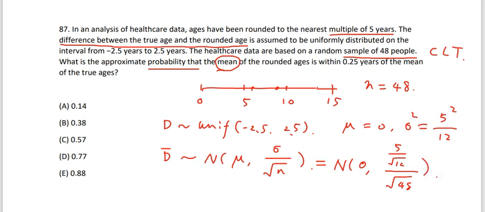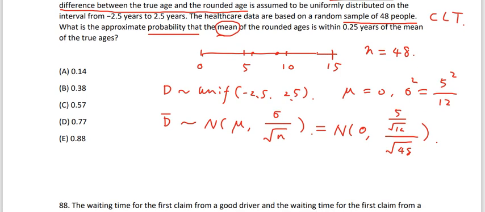So using a calculator, we can find that standard deviation. What we want to find is such a probability: D bar is within 0.25, so between negative 0.25 and 0.25.